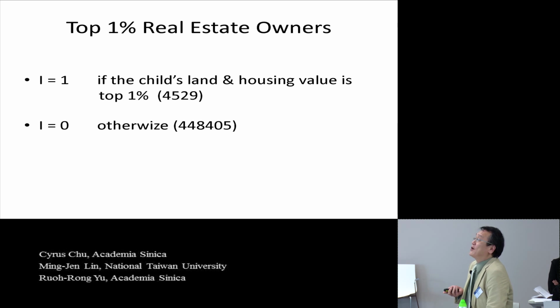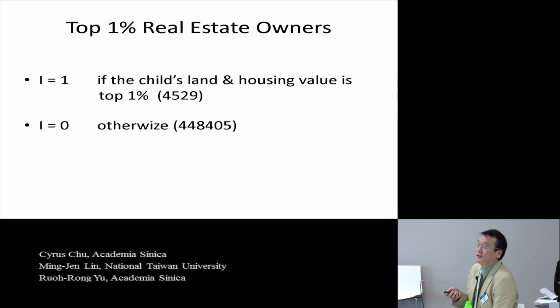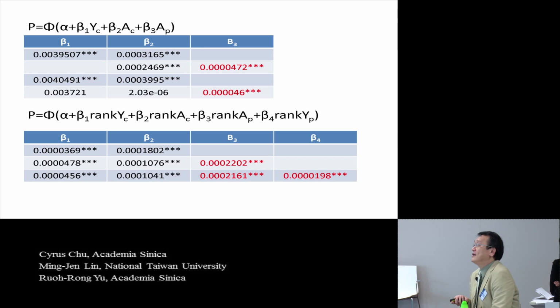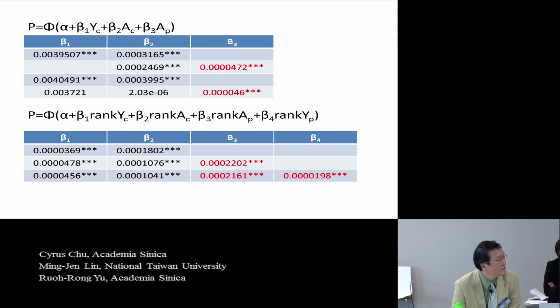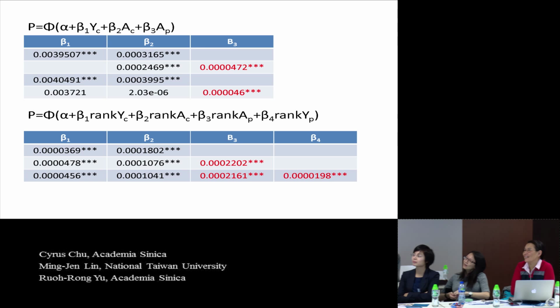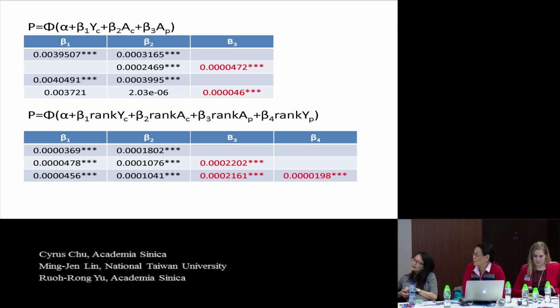Then we try to identify what kind of child will be the top 1% real estate owners. As you can see, again, parents' income is very significant. Of course, it's a huge sample, so you always get significant results.